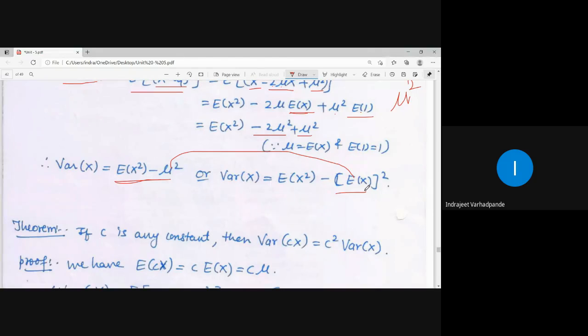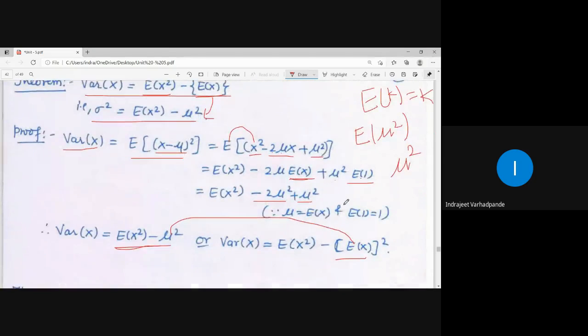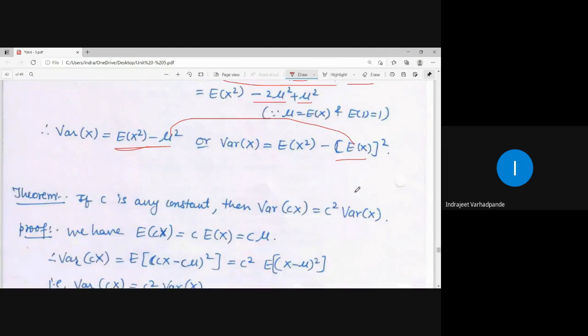By definition it is expectation of x minus mu whole square, and we get the result as expectation of x square minus expectation of x whole square. What to do? Expand the given term, expectation of x minus mu whole square. It is a square minus 2ab plus b square. Take the individual expectations, simplify it, you get the answer.